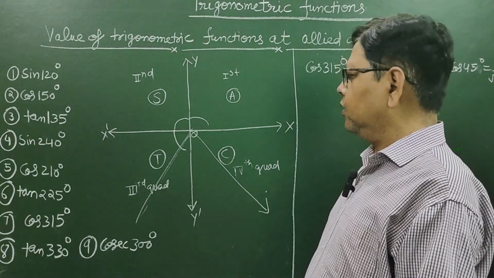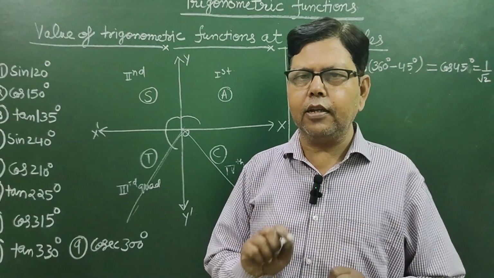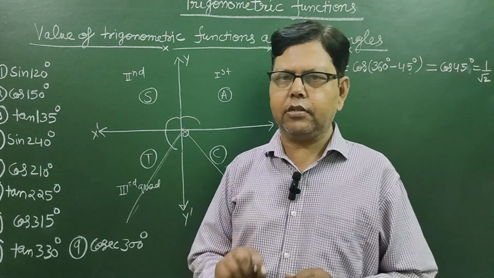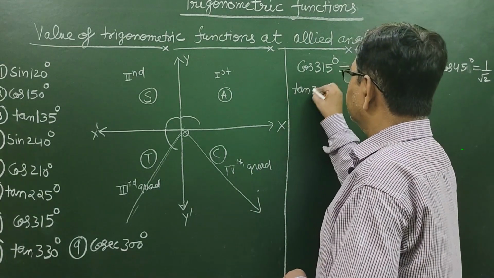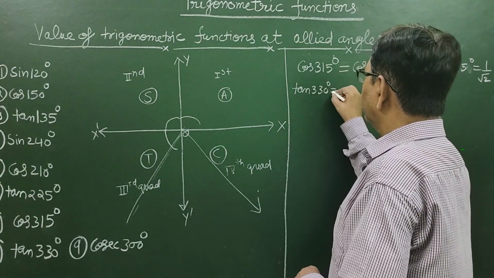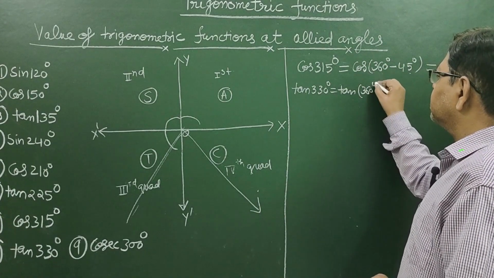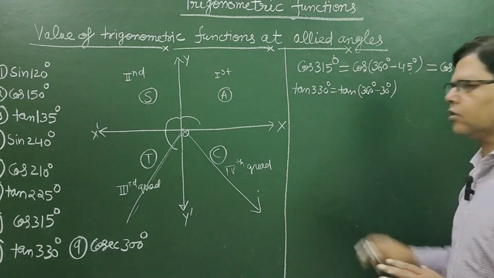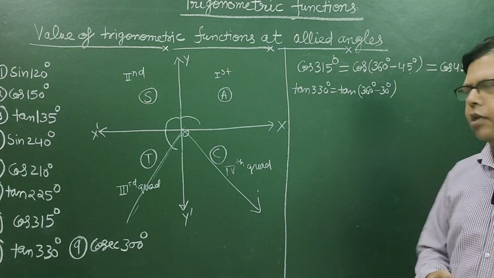Next angle, tan 330 degree. The 330 degree angle lies in the fourth quadrant. So I can write tan 330 degree is equal to tan of 360 minus 30 degree, because from 360 if we subtract 30 degree, then we get 330 degree.